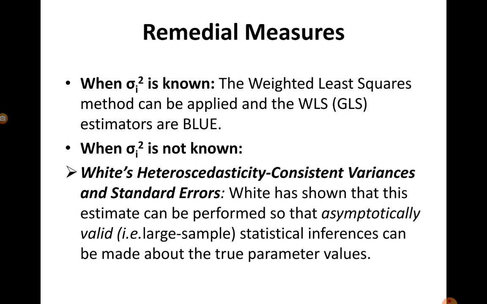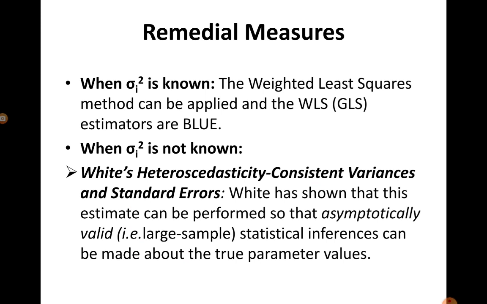White has shown that these estimates can be found such that asymptotically, that is, in the case of large samples, they'll give you a decent and reliable inference regarding the true parameter values. Now, we are not going into the exact methodology and procedure of arriving at White's heteroscedasticity consistent variances, because it is very involved. So you just need to remember the name of it.